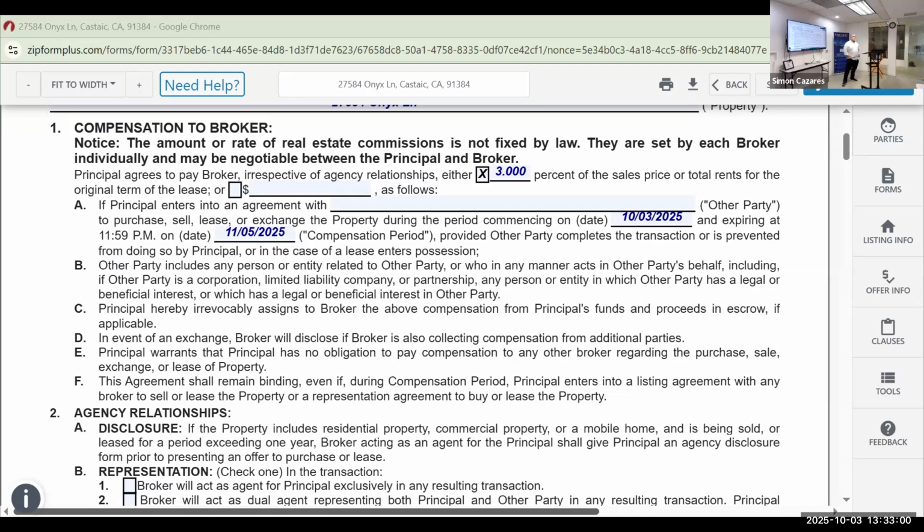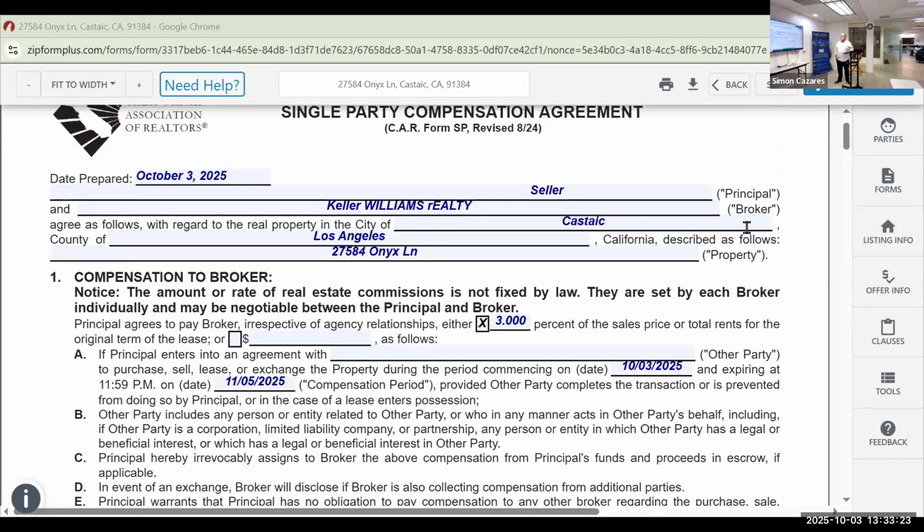The question here is, you brought this deal, right? And let's say that this deal is brought to an agent and that agent has a buyer. The question here is, can you collect compensation for putting a deal together that doesn't involve you? Well, think about this for a minute, right? This agreement is for you to collect compensation when you're submitting an offer.